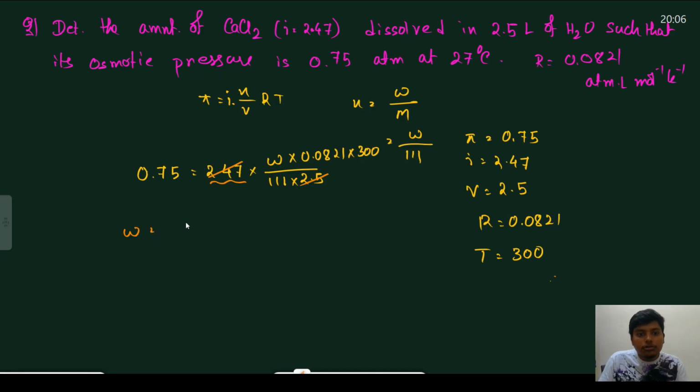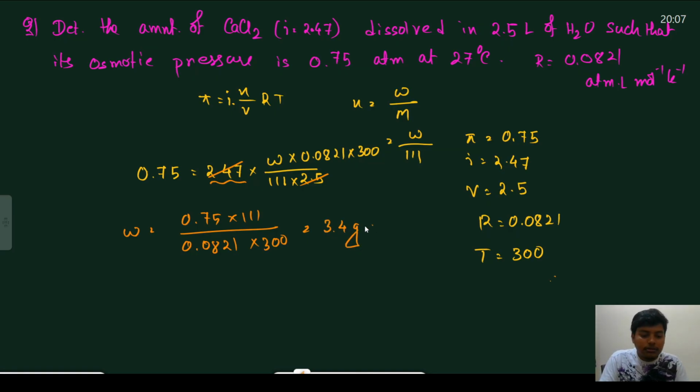So W is equal to 0.75 into 111 divided by 0.0821 into 300. How much will you get? Calculate. You will get around 3.4 gram.